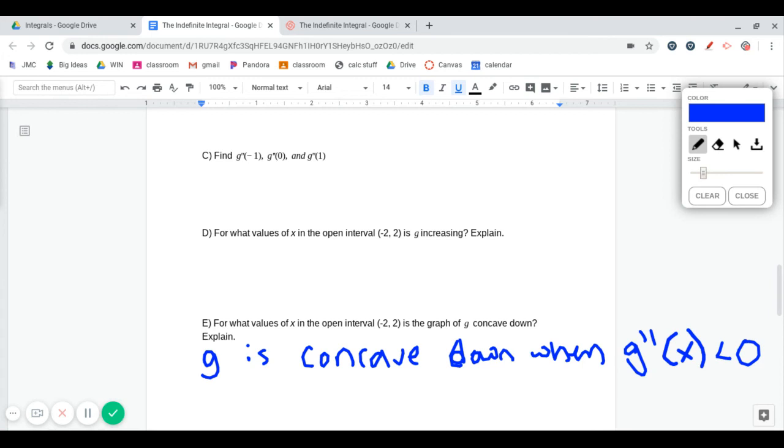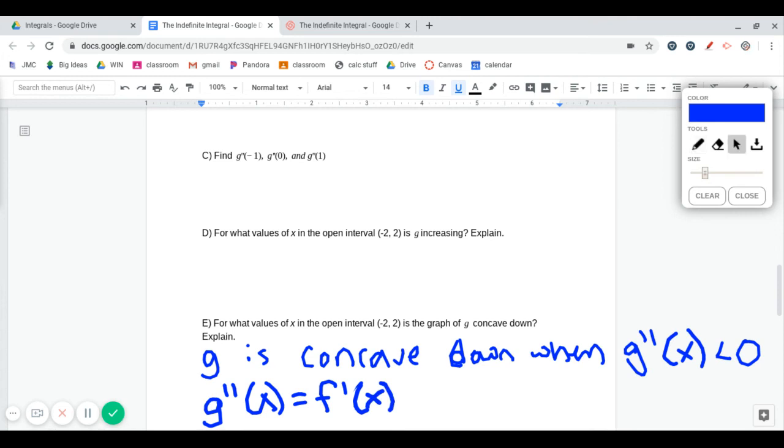Now, let's relate this to our graph f. So g is concave down when g double prime of x is less than 0. And remember that g double prime of x is the derivative of f. Oh my goodness. f of x.